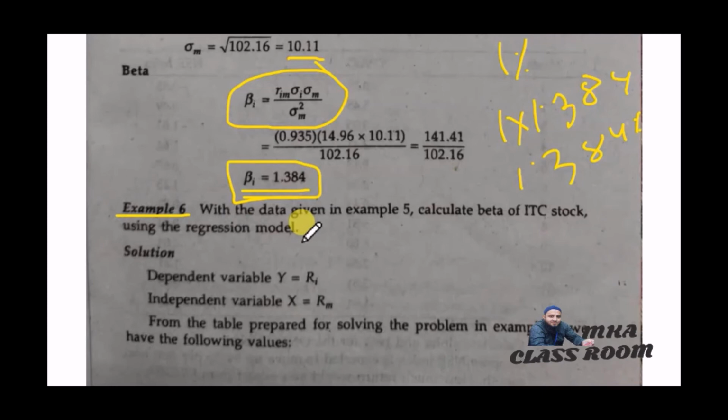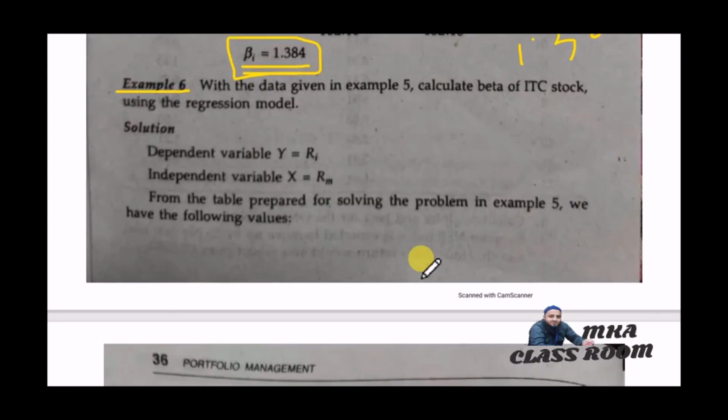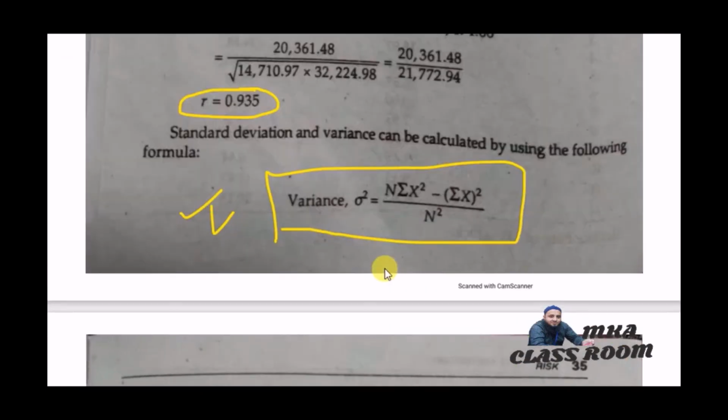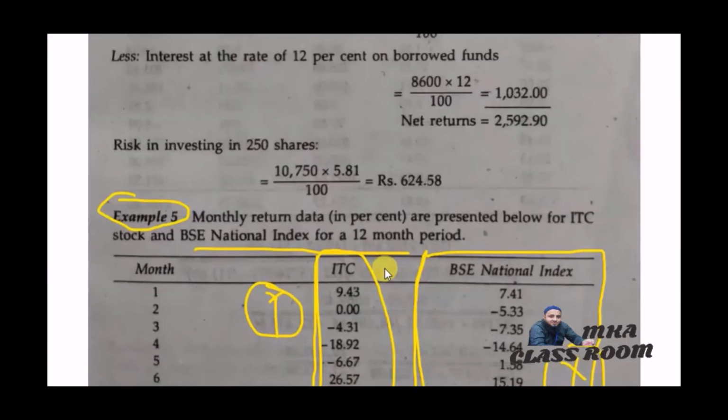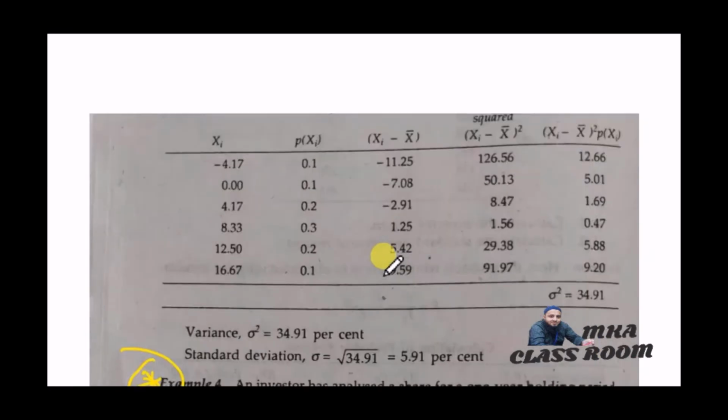So here it said that from the calculations of example 5, you have to calculate ITC beta with the use of the regression model. So everything is the same. So you can use the regression method. So we have learned the formula for the regression method.